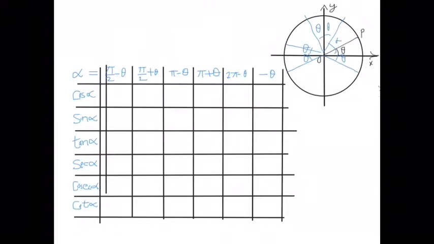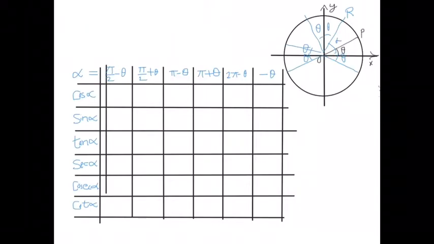Now for each of these cases, let us express cos alpha, sin alpha, etc. in terms of theta. When alpha is equal to pi by 2 minus theta, it is the angle that this line segment OR out here makes with the positive x-axis in the counterclockwise direction, right? And cos of alpha is therefore the projection of line segment OR on the x-axis. So something like this.